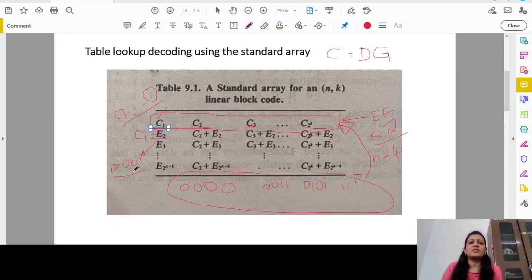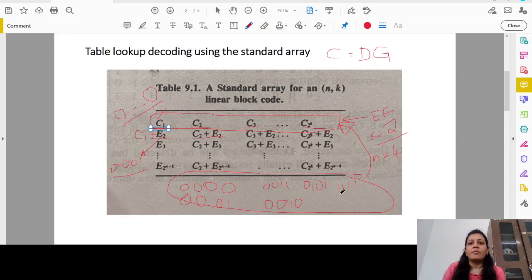So the 0 0 0 1 error pattern added to C1 again gives 0 0 0 1. That is what I said: C1 plus E2 is nothing but E2, because C1 is all zeros. Now for C2 I add this E2, so C2 plus E2 would be 0 0 1 0. You can see that this pattern does not match any of these code words.